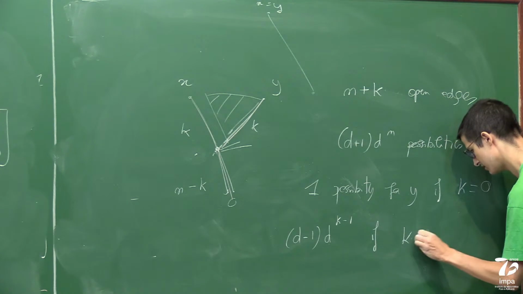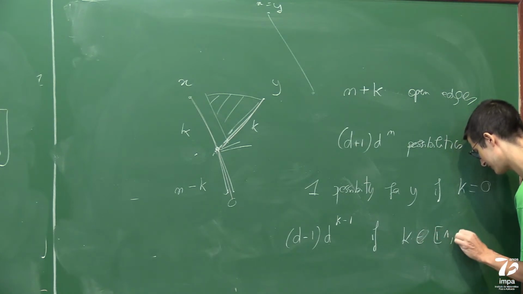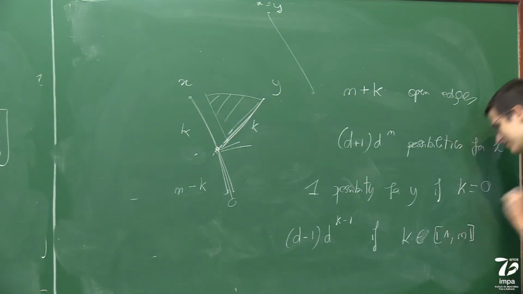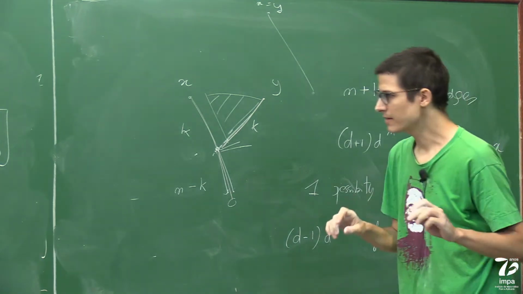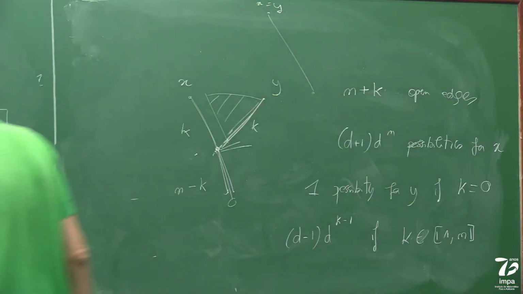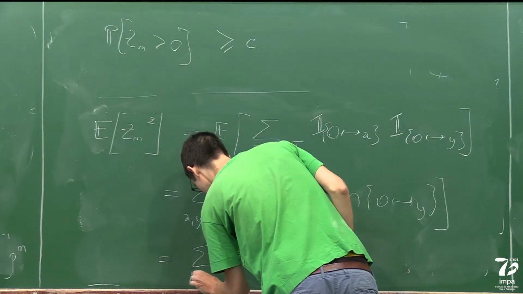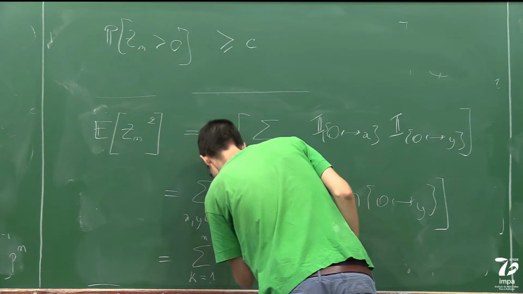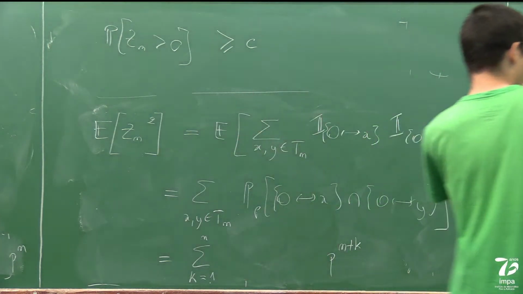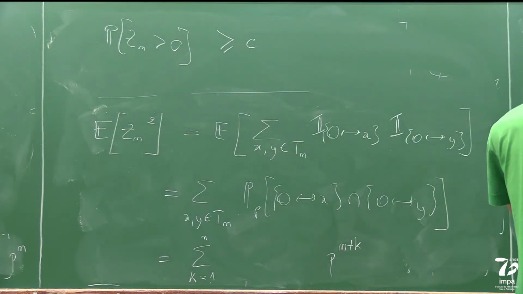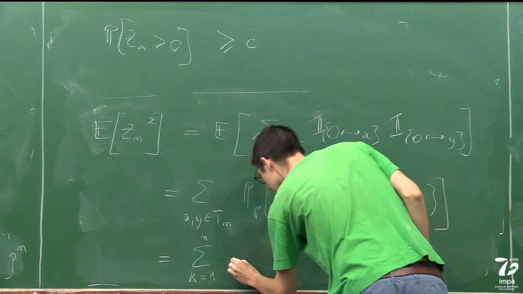Okay, this is 1 for k equal n. Okay, so this gives me the sum from k equals 1 to n of d squared minus 1.